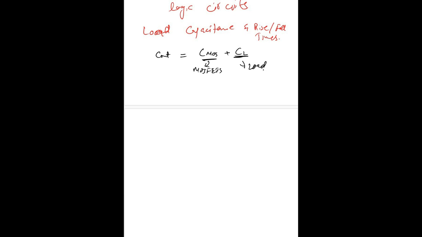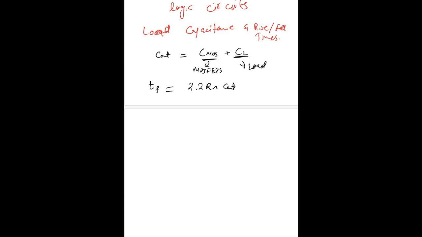We know that the formula for fall time TF was given by 2.2 Rn C out, as we have written earlier.